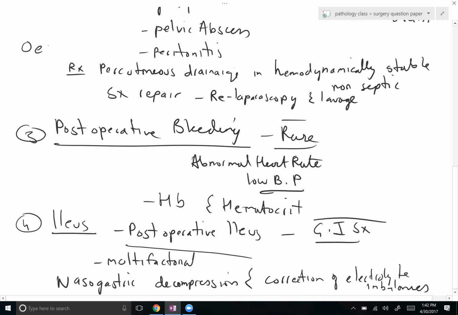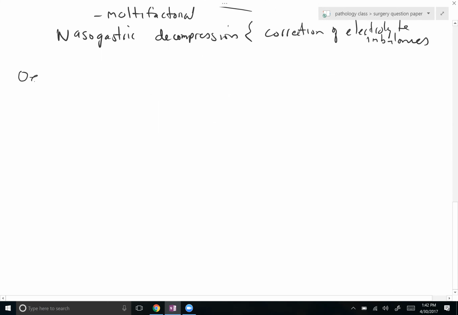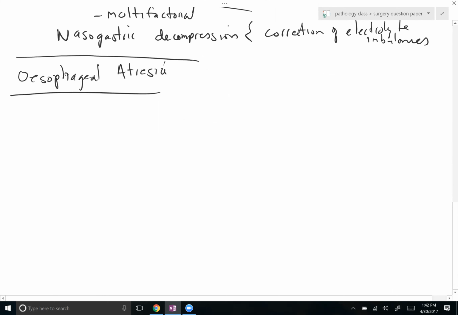Next question is basically esophageal atresia. Now, when we're talking about esophageal atresia, this can be congenital.